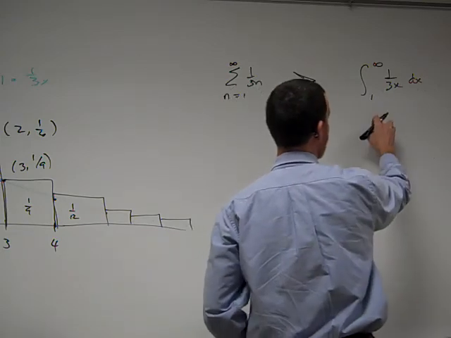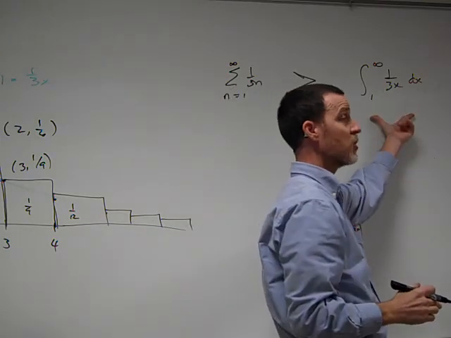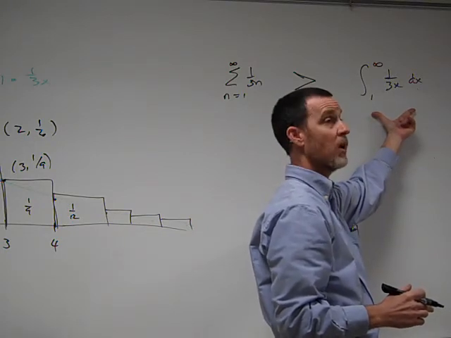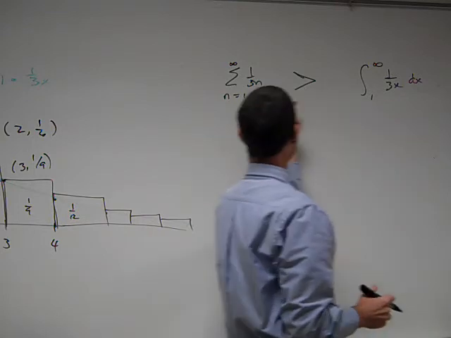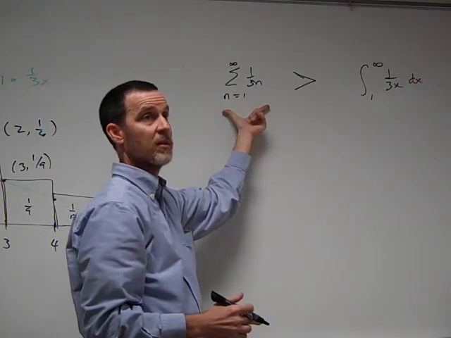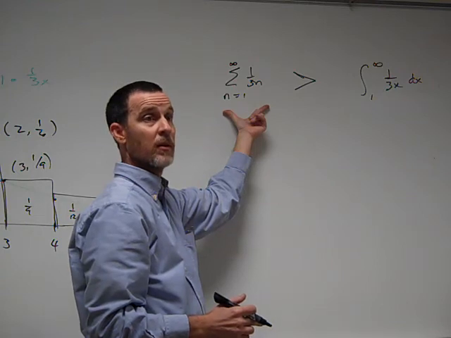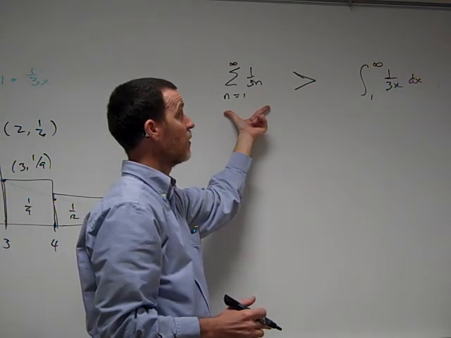So if this is bigger than this, and we know how to do improper integrals, right? If I computed what this was and it turned out to be infinity, what does it say about this guy? This guy diverges, right? It's infinity as well.